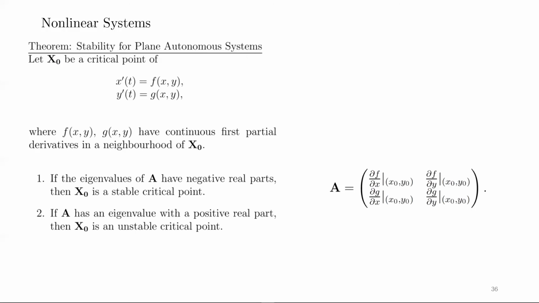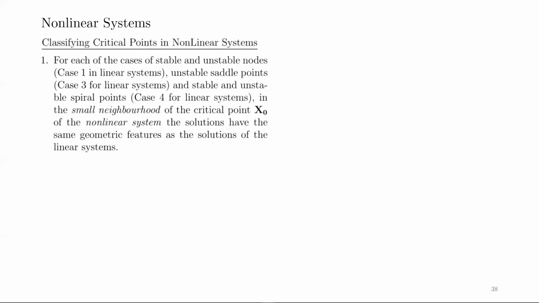So let's create a summary slide for our nonlinear systems. It's going to be 3 points here. For each of the cases of stable and unstable nodes, so case 1 in linear system, unstable saddle point, so case 3 in linear system, and stable and unstable spiral point, or case 4 for linear systems.